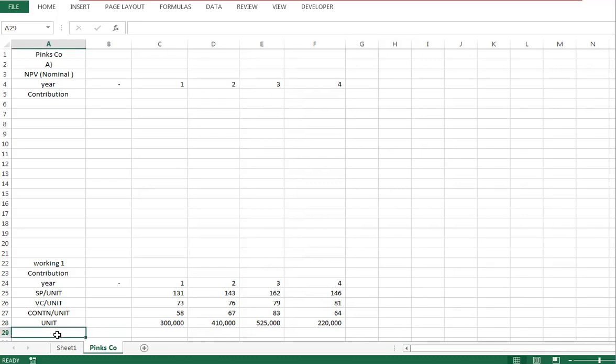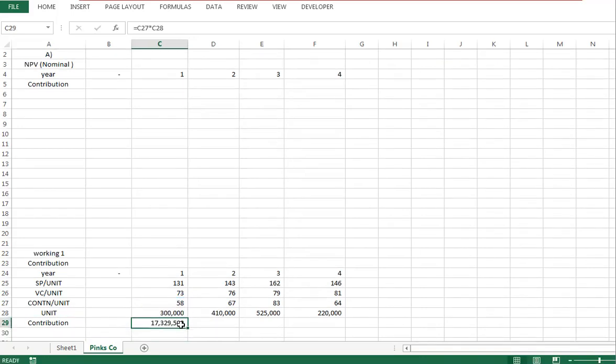So now we can calculate the contribution. So the contribution is simply the contribution per unit multiplied by the number of units. So we have the contribution for all the units and we're going to apply it on all the cells.